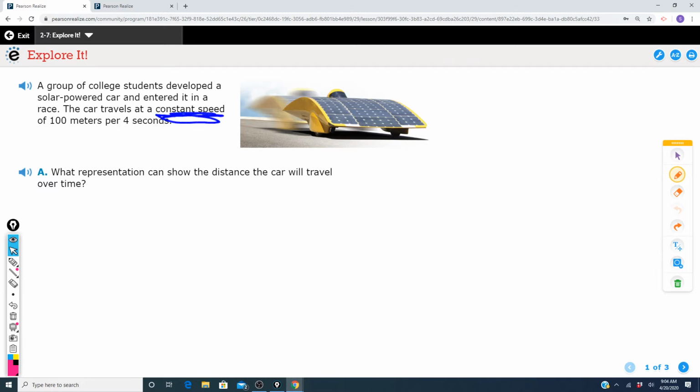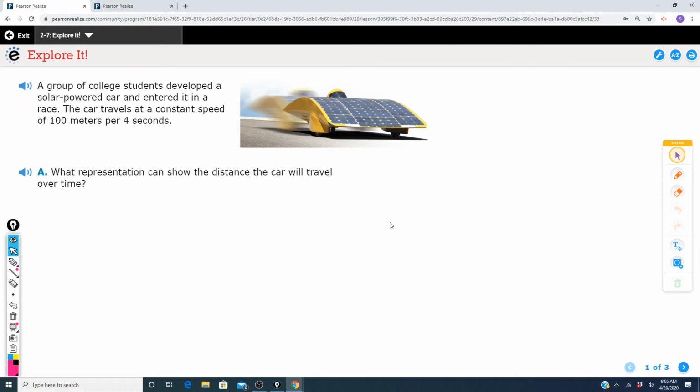I don't know if I can put the emphasis on constant speed enough there, but it travels at a constant speed of 100 meters per 4 seconds.